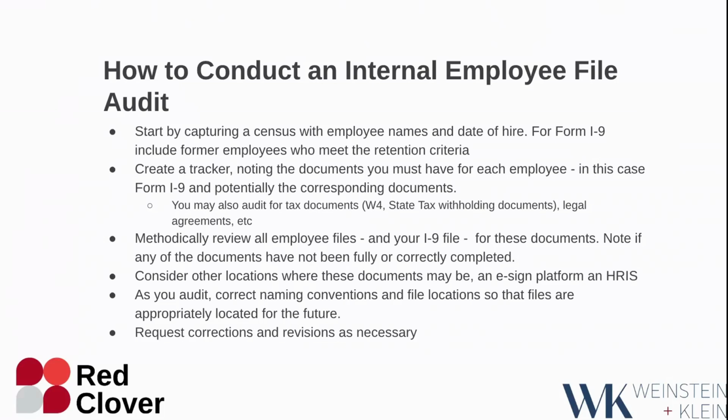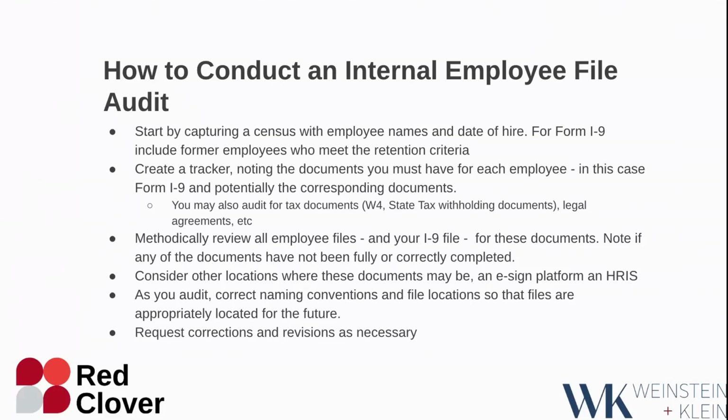And as I'm doing that, I'm noting whether the documents have been fully and correctly completed, and where they're currently located. If I'm missing documents, I'm going to think about other locations where these documents might have landed over the years. Whether it's an e-signature platform, again, different HRIS systems, and sometimes even question if we have paper files that we haven't digitized.